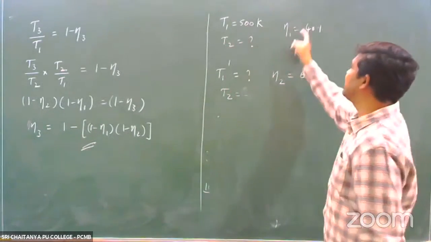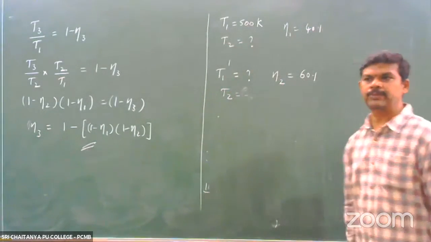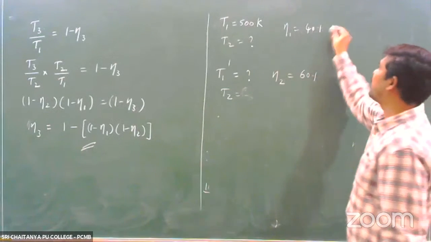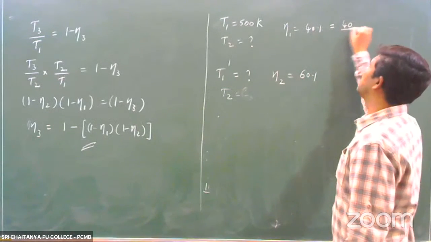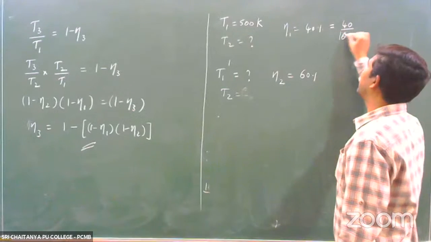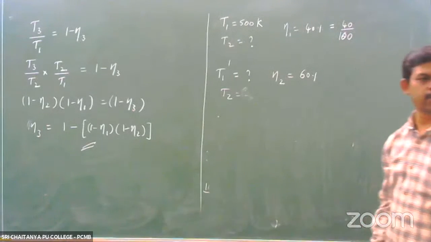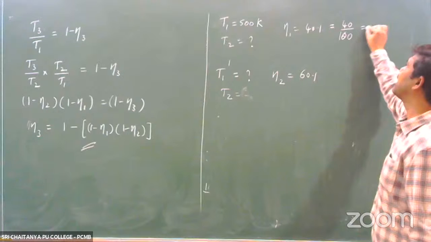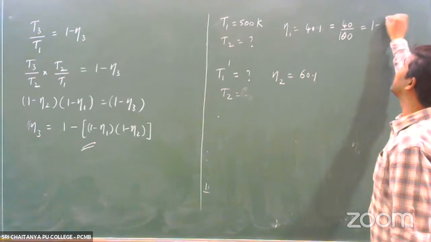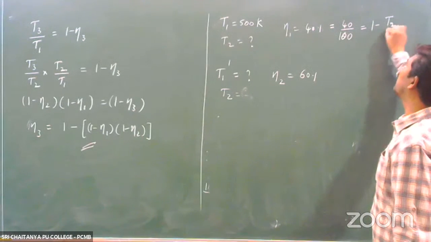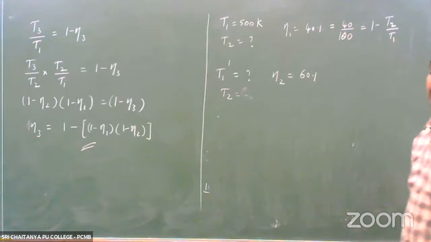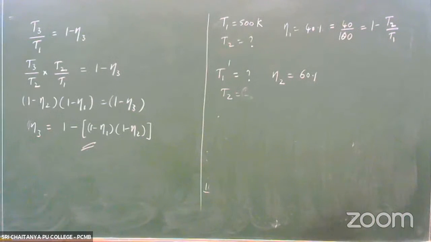See, from these data, can you find T2? Eta is 40%, means what? 40 by 100 is equal to 1 minus T2 by T1. Is it okay?